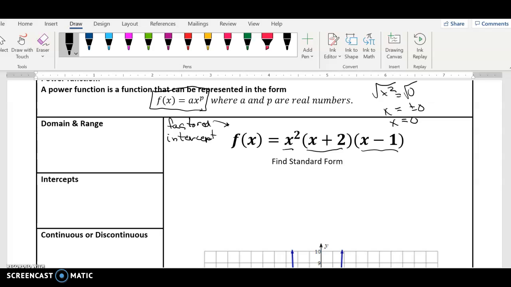If we set x plus 2 equal to 0, then we get x equals negative 2. And if we set x minus 1 equal to 0, we get x equals positive 1. So I know without even looking at the graph below, I know the x-intercepts are 0, negative 2, and 1.